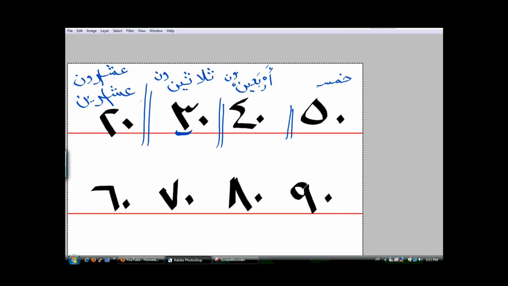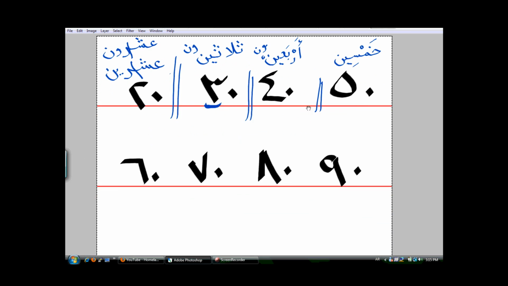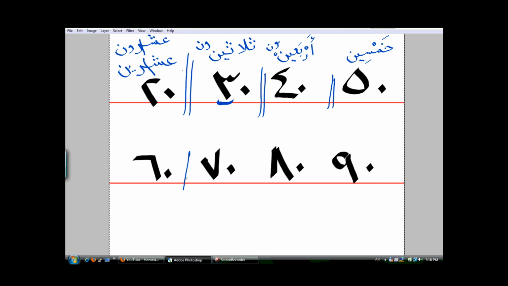So we say خمسين, which means 50, or خمسون. Again, what's this number? It would be ستين or ستون.